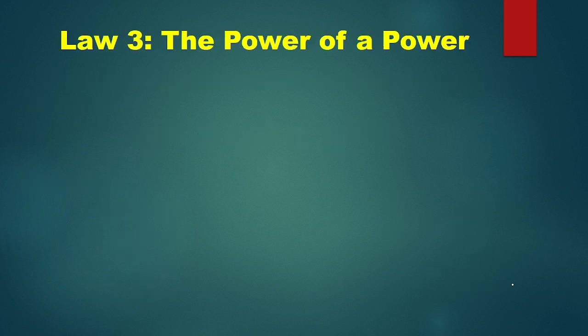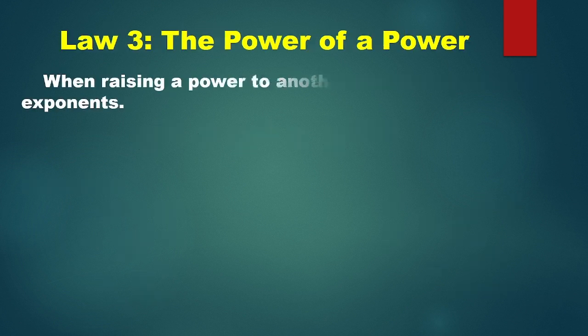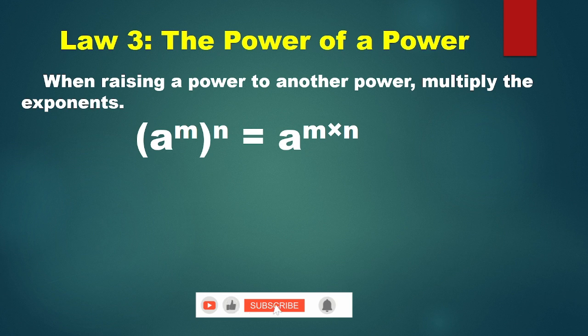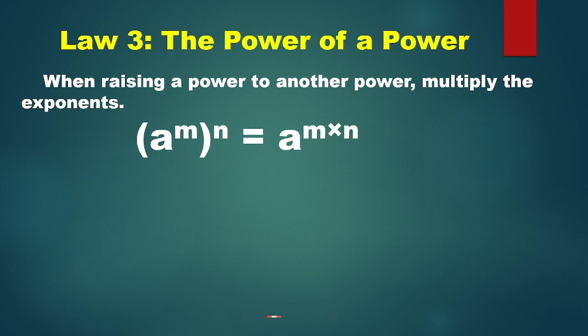Let's go into law 3, the power of a power. When raising a power to another power, multiply the exponents, that is, multiply the powers. If I have a raised to the power m, raised to the power n, so I'm raising this power to another power, all I have to do is multiply the powers.